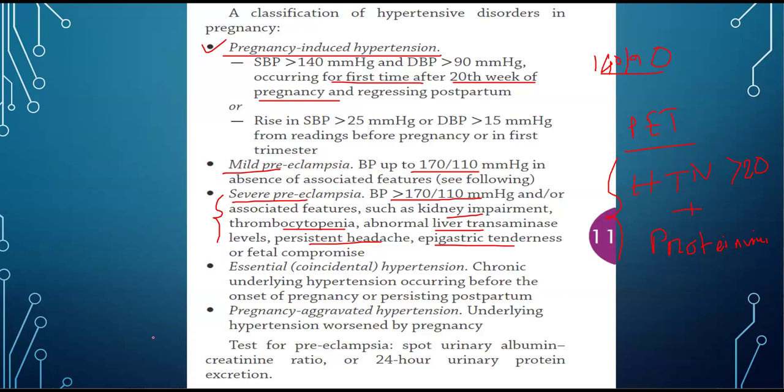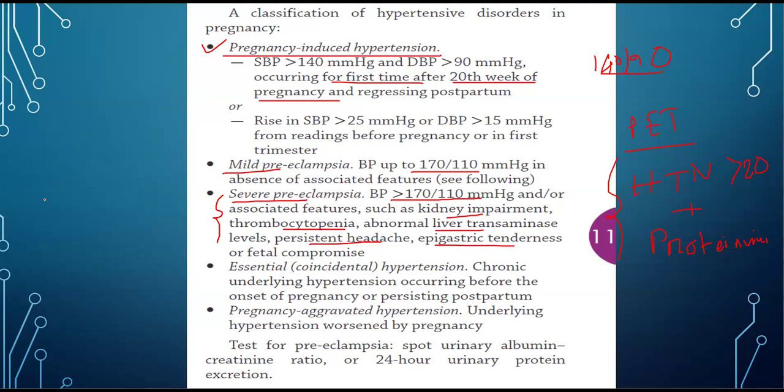What about if a patient was hypertensive before getting pregnant? In that case you don't use the term pregnancy-induced hypertension. We can only use the term pregnancy-induced hypertension if a patient has hypertension for the first time after 20 weeks of pregnancy.